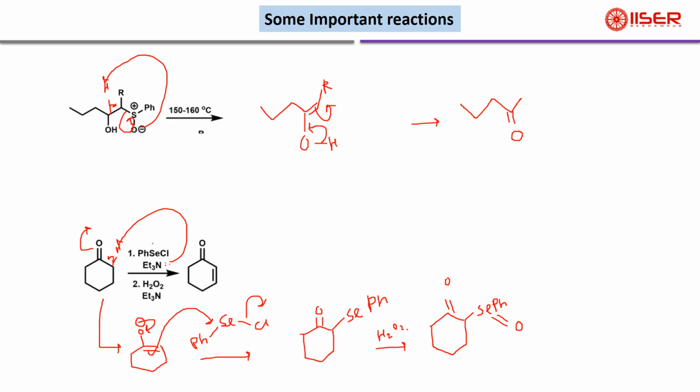Now it will undergo the Ei elimination, where if there is an adjacent proton, it is eliminated, giving this as our product. Okay, I hope its mechanism is clear.